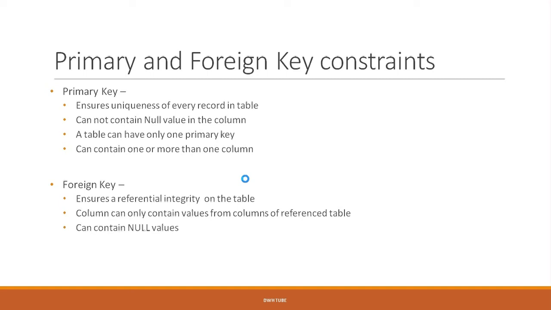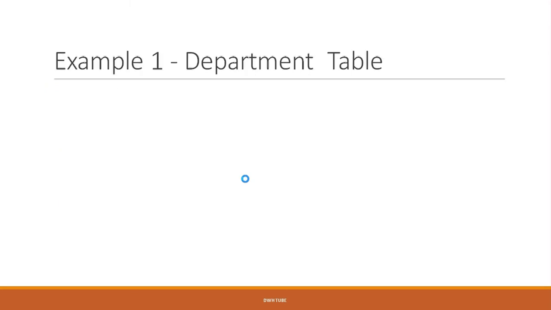It can happen that your customer table has a record with a null value in the department number. That is allowed for a foreign key. So these are the properties that I wanted to tell you regarding foreign keys and primary keys. Before closing the video, I want to go through a couple of examples.